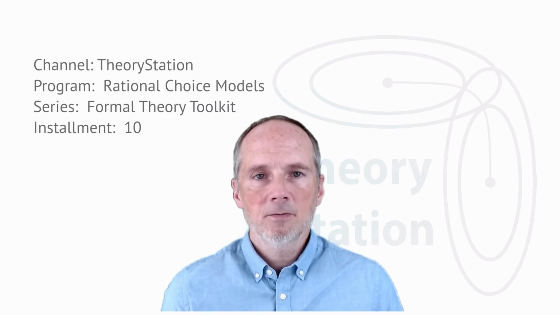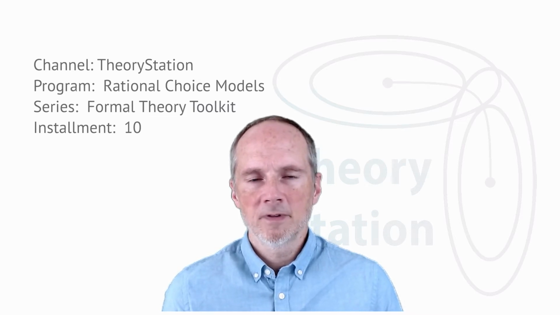The series that we're in now is the Basic Formal Theory Toolkit, and this is the 10th installment in that series. In the previous couple installments, we were talking about the model of the consumer, which has an economics kind of focus. A distinguishing aspect of that model is that the object of choice is multidimensional.